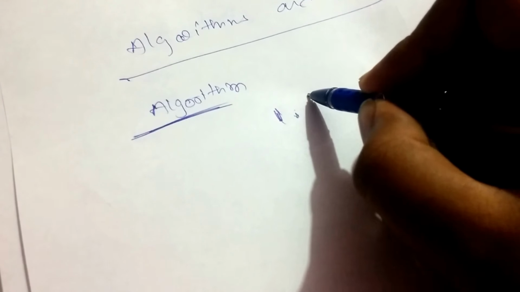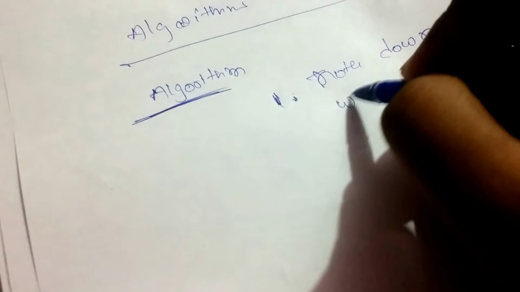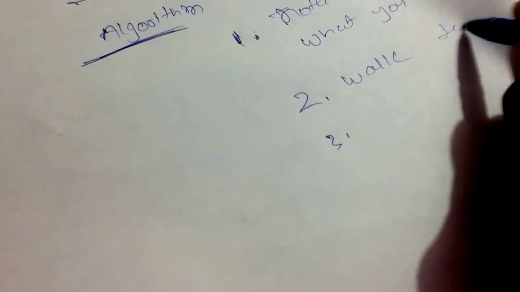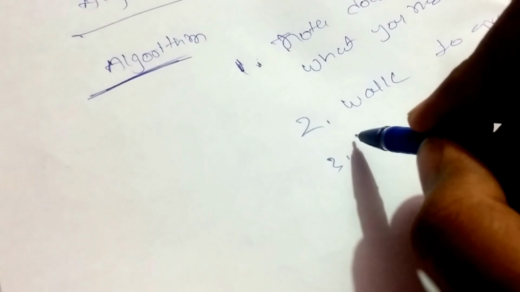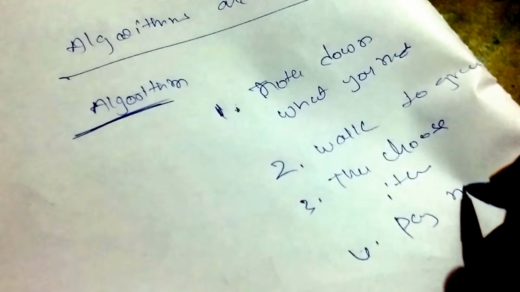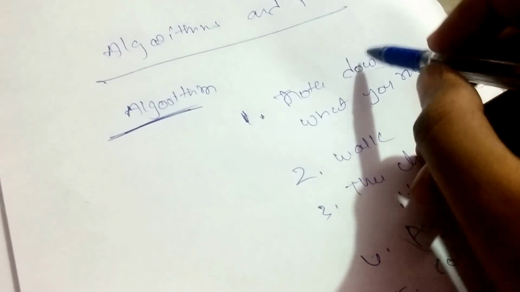First, note down what you need. Then walk to the grocery. Then choose items. Pay money. Collect items. Bring home. This is our problem.